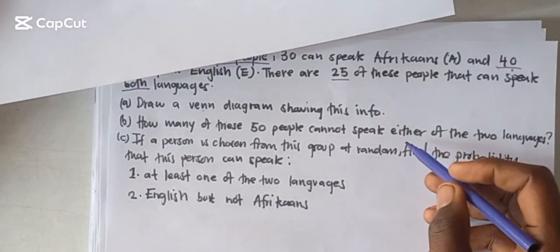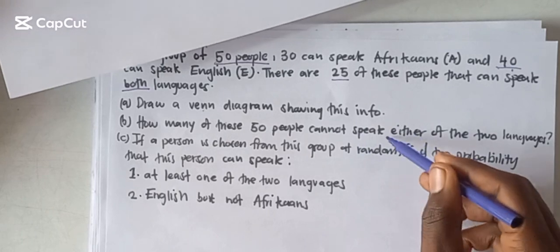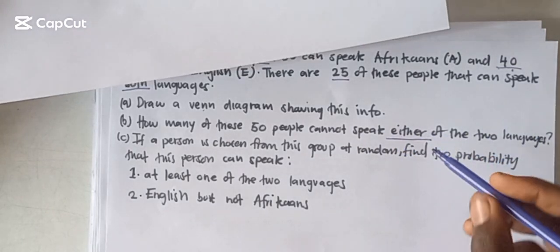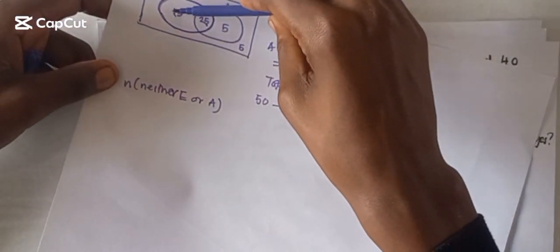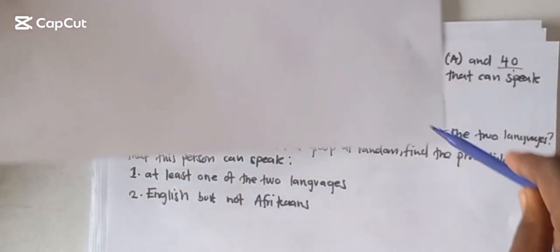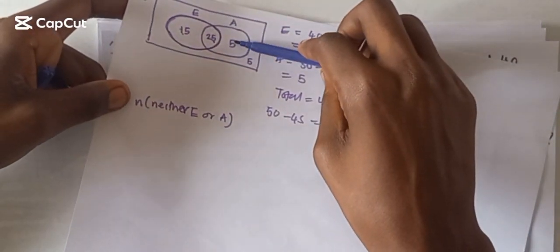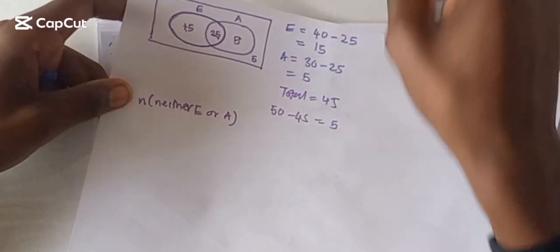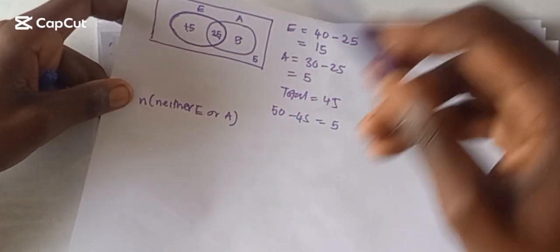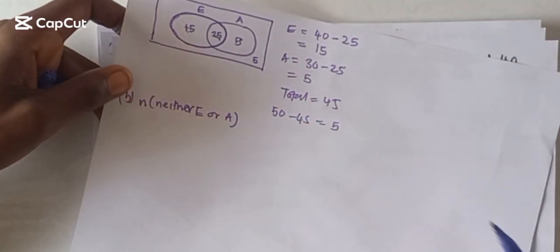So here's something I want you to understand based on what I just said. When they ask how many people cannot speak either, it means those people cannot speak either Afrikaans or English or both. So if they cannot speak either Afrikaans or English or both, it means they speak neither of those two languages.